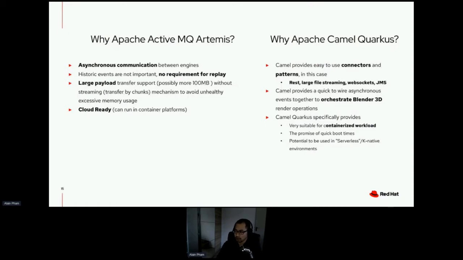And so things like Kafka are actually not suited for those. And there's only one broker that I know of out there, which is Artemis, that actually supports large payloads like this natively. And so you can actually stream these large files, and they would be transferred by chunks in order to avoid unhealthy, excessive memory usage.